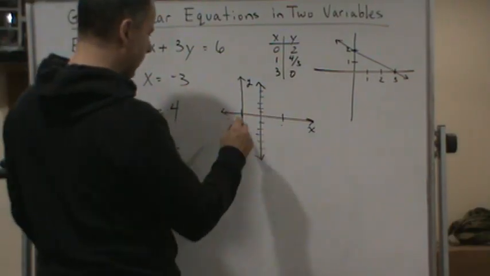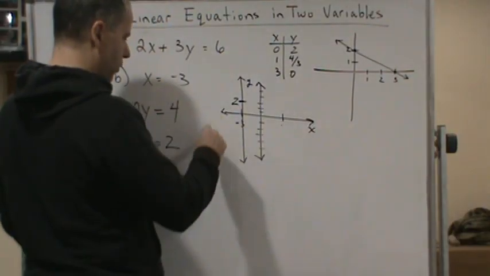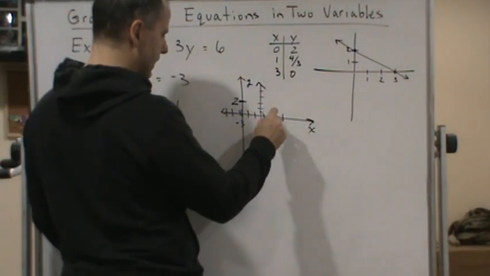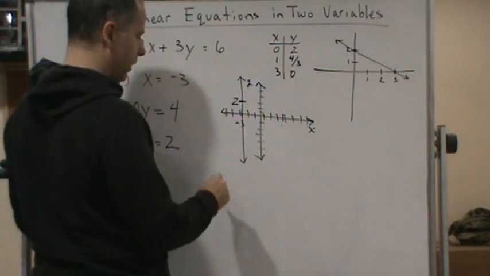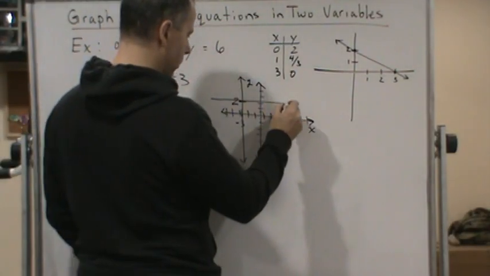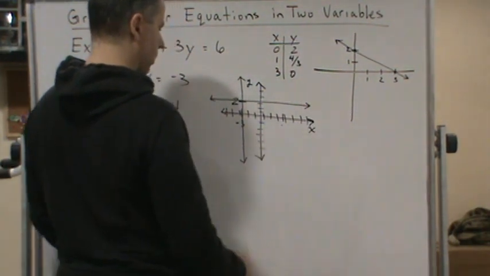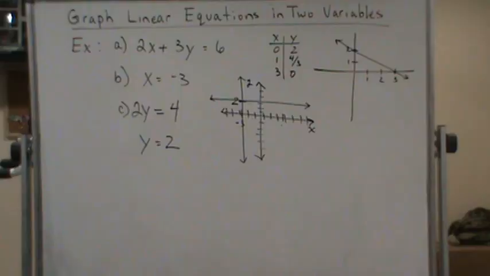So if we look at our graph here, that means it doesn't matter what x is. x can be anything, but y will always be equal to 2, which means we have a horizontal line.